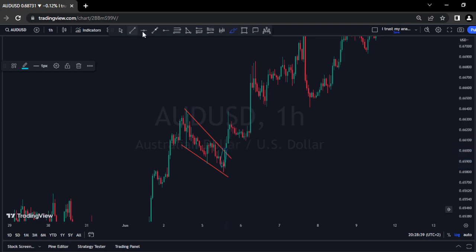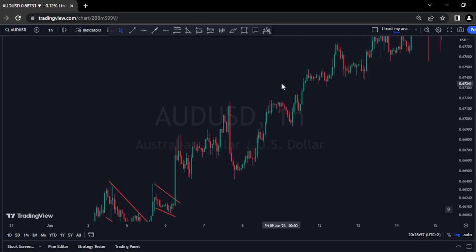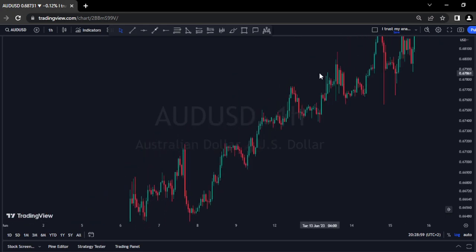And here's another pattern as well. Breakout, and price is going to the upside. As you can see, ladies and gentlemen.